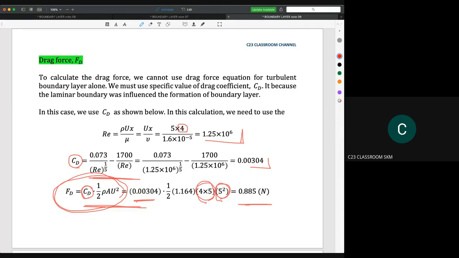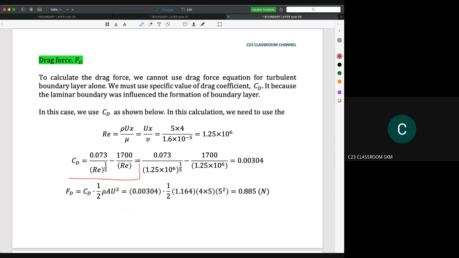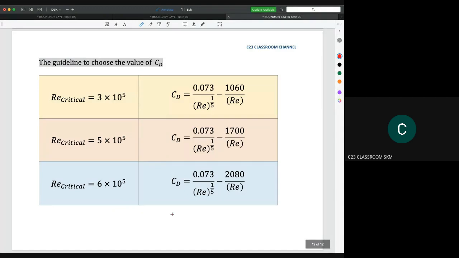Okay, the problem is, why do we use this value? This value actually comes from this guideline. We know that we do not calculate 100% using the idea of the turbulent boundary layer. We need to subtract a little bit.